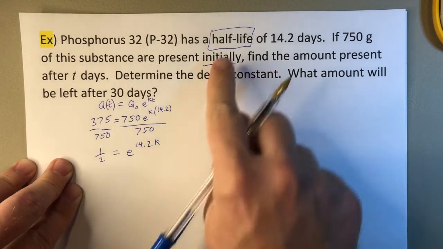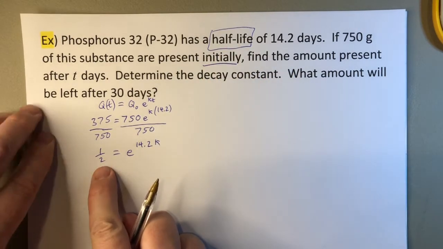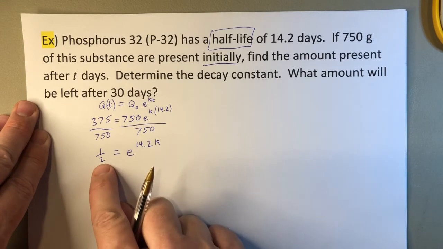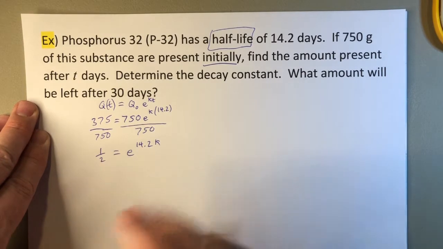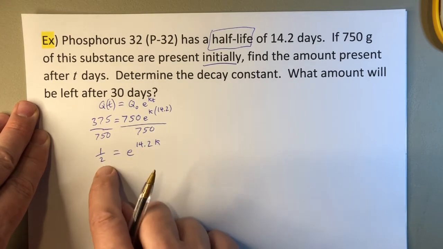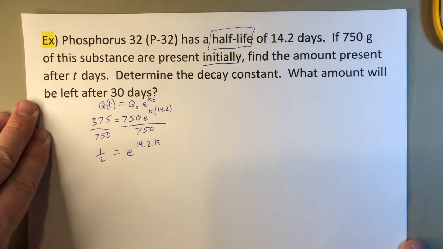If it's a half-life, you're going to get 1/2 here, I guarantee it. If it said doubling after a certain period of time, this would be a 2. If it said tripling, this would be a 3, and so on and so forth. This is the time required for 1/2 of something to be decayed, to be done away with.